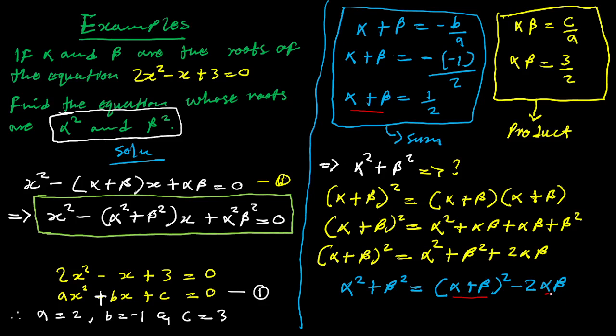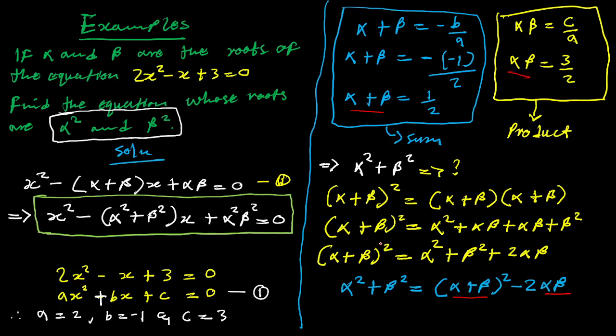So I am able to find the value of alpha squared plus beta squared by coming up with a way to find those. Now, there are cases where it is a cube. If it's a cube, you need to multiply cubed until you have alpha cubed plus beta cubed, then you make alpha cubed and beta cubed the subject of the formula. But in this case, we are not interested in that.